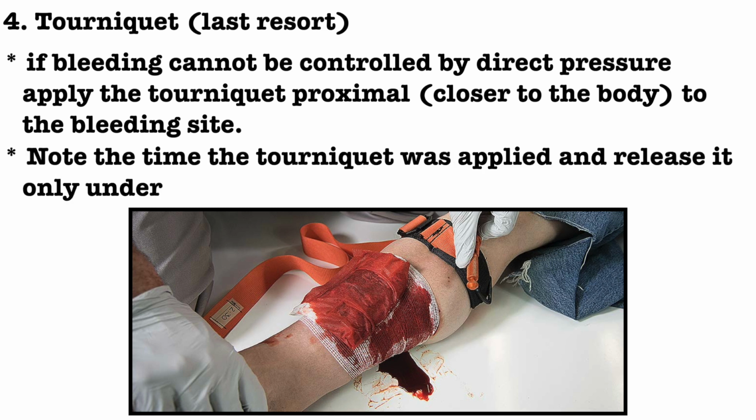Note the time the tourniquet was applied and release it only under medical supervision. Dressing and bandaging wounds. Let us see how dressing and bandage should be applied to any wound. Once bleeding is under control, it's important to properly dress and bandage the wound to prevent infection.